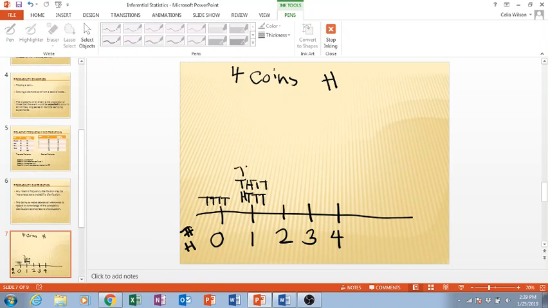I could do the next one, which you probably guessed, tail, tail, head, tail. And then finally I could have tail, tail, tail, head. Are there any other combinations I could get when I flip my 4 coins and only obtain 1 head? Now, let's wait on 2.